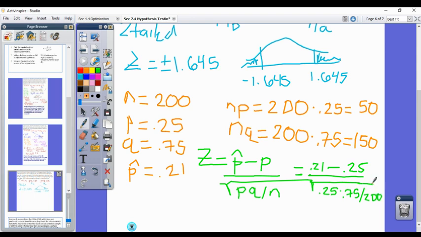Okay. All right, if I plug all that into my calculator, I'm going to get a z-score of negative 1.31.